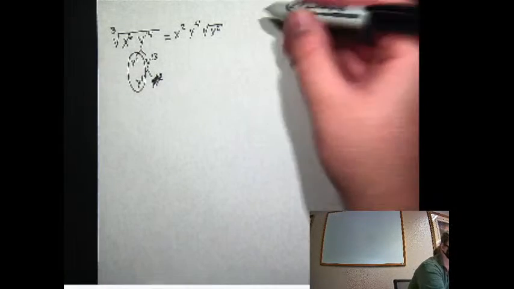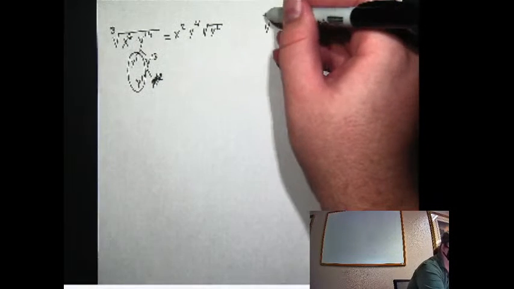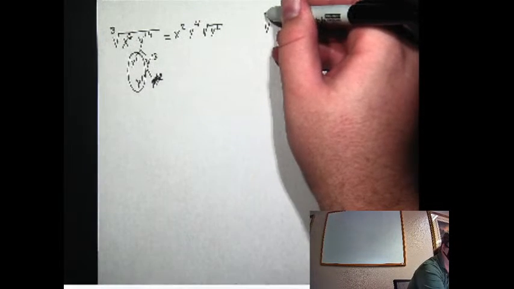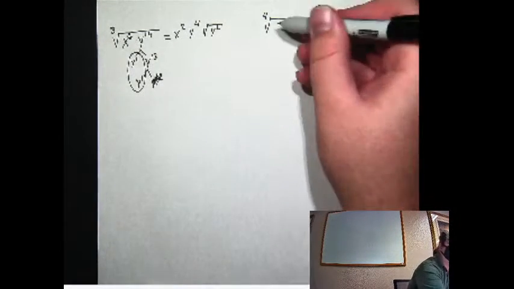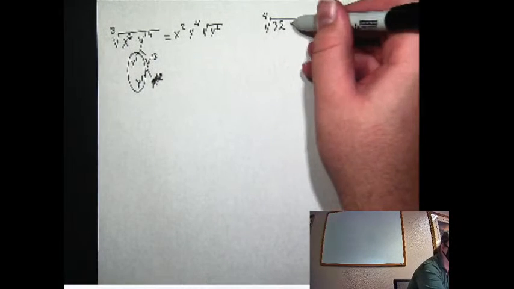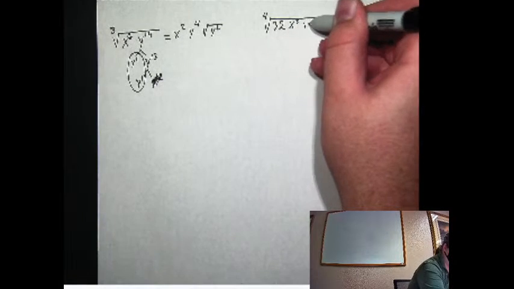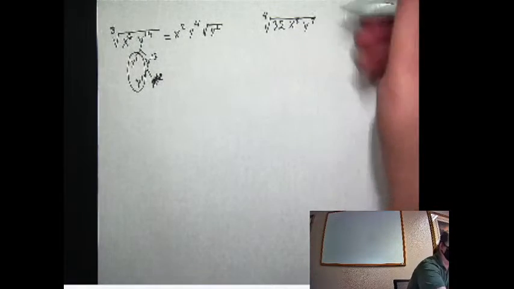And of course we can put numbers into this mix as well. Let's do the 4th root of 32 x to the 5th, y to the 7th.